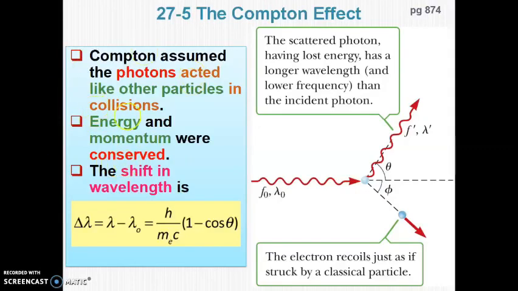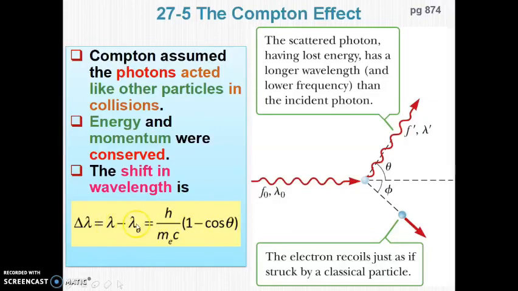So the shift in wavelength, delta lambda, is equal to lambda minus lambda naught, is equal to h divided by m_e c, where m_e is the mass of the electron and c is the speed of light, times 1 minus cos theta.